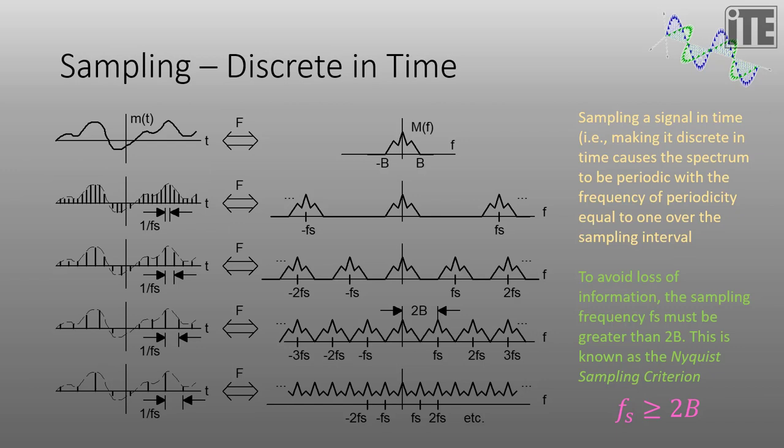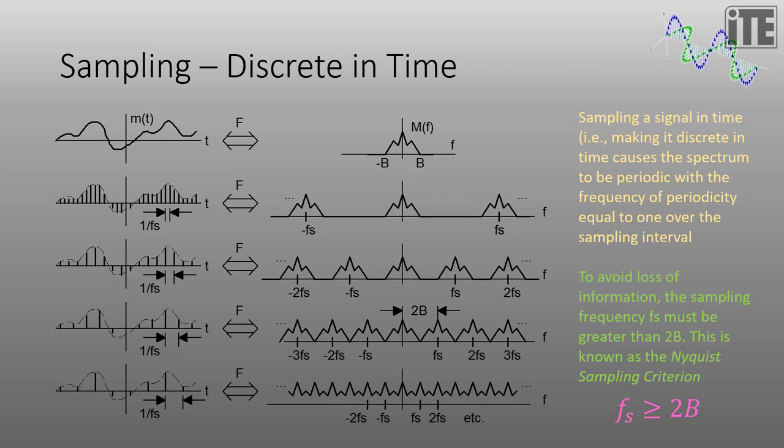Now when we are doing pulse modulation, what we're actually doing is sampling the message signal to make it discrete in time. And when we do that, all we're doing is making the spectrum of the signal periodic. So at the top here we can see a message signal, could be an audio signal, speech, and we see its spectrum over on the right hand side.